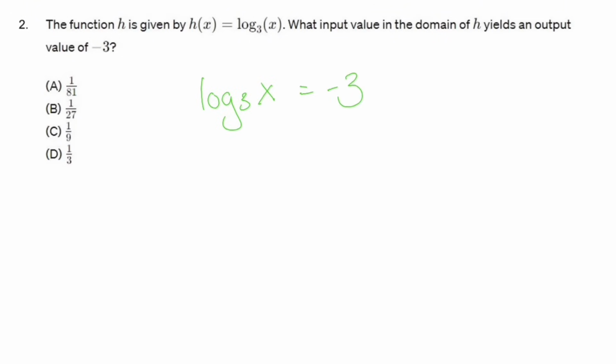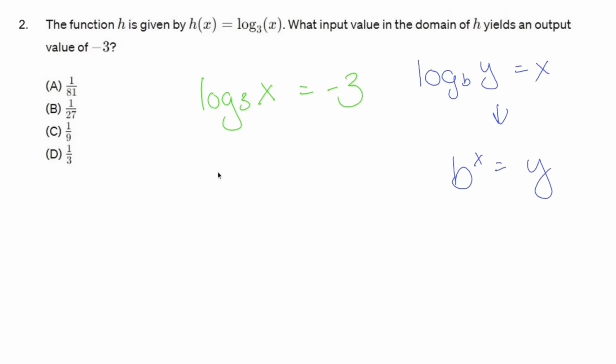Well, let's write that in its exponential form. If you forget the exact formula for exponential form, I use log base b of y equals x, and you can turn that into b to the x equals y. I know this is x and that's y, but don't overthink it.